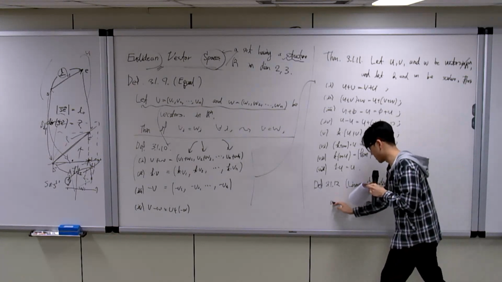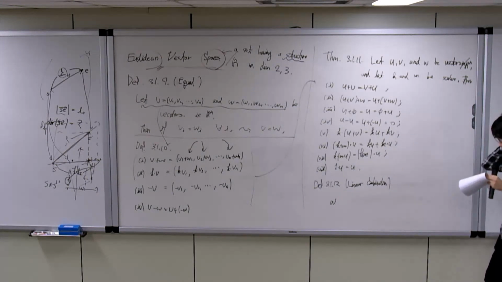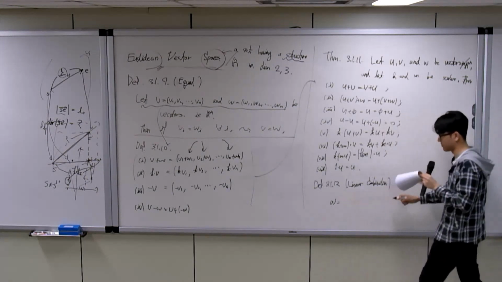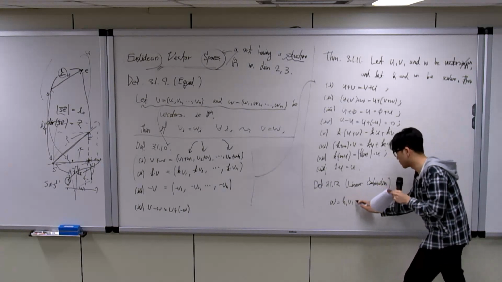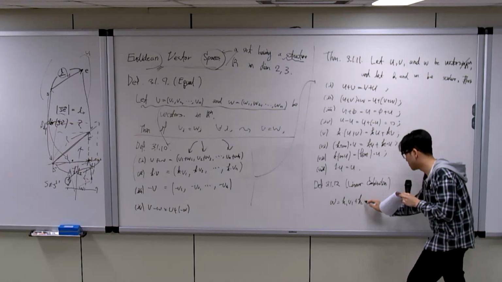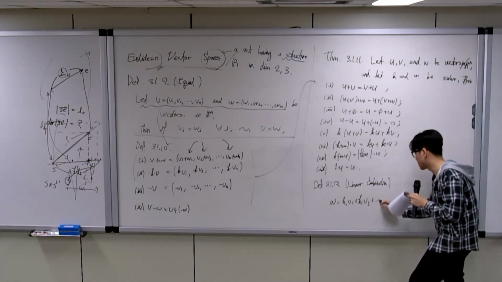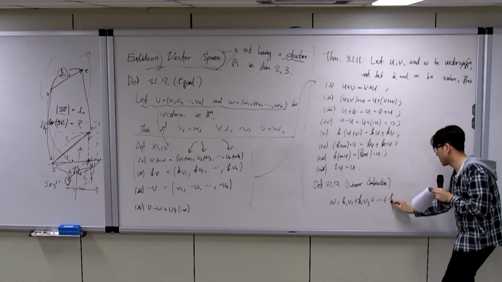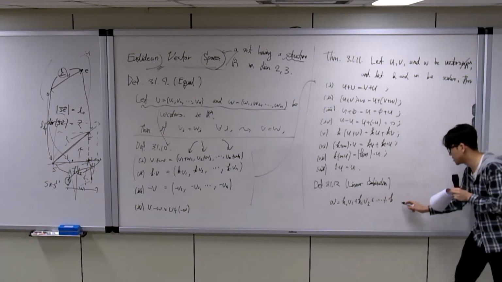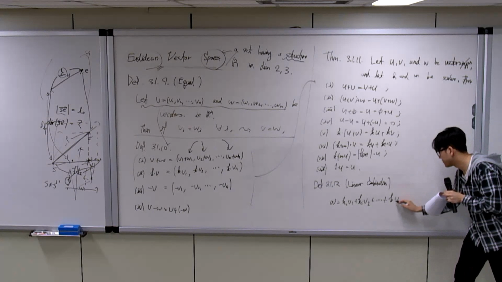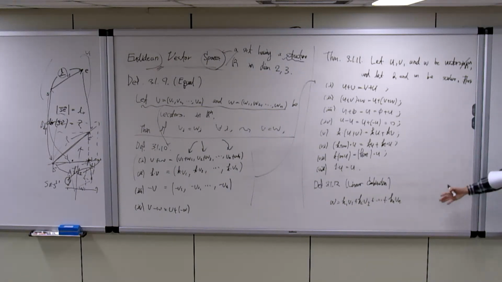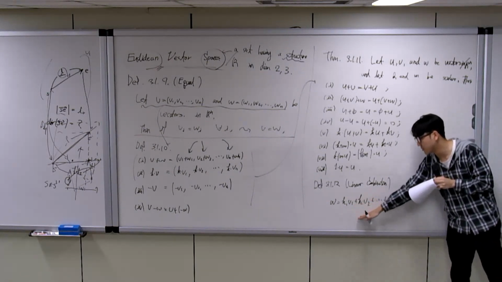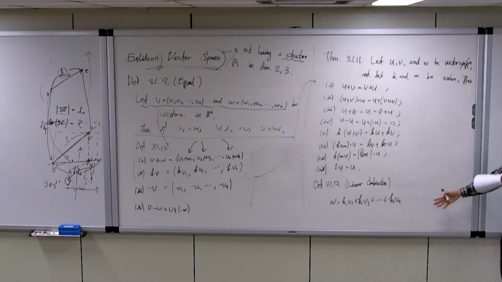I'll use it simply: if W is a vector and v1 to vn are also vectors, and k1 to kn are scalars, we might sometimes write the vector W as the summation, multiplying each vector by a scalar and adding them.